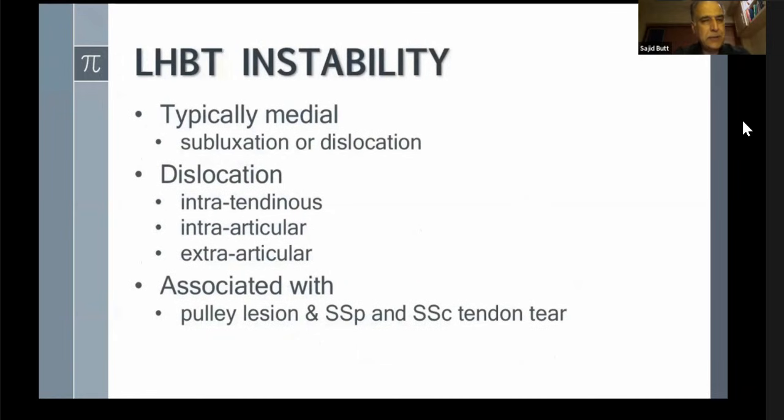The biceps tendon can also become unstable, in which case it will slip out of the bicipital groove. It can get subluxed either on the superficial aspect of the subscapularis, within the subscapularis, or deep to the subscapularis, depending on the state of the subscapularis itself.